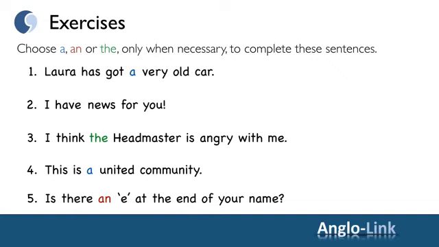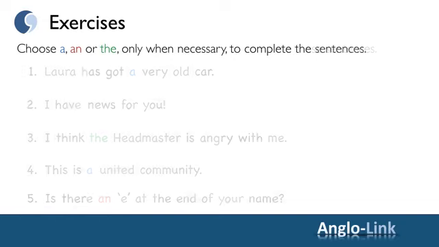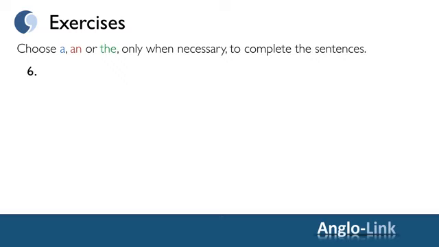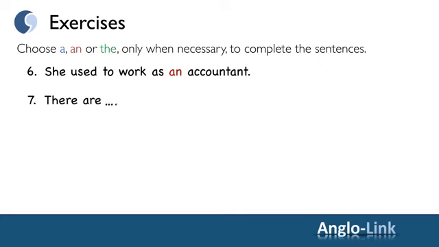Is there an E at the end of your name? Number 6. She used to work as accountant. She used to work as an accountant. Number 7. There are birds in those trees. There are birds in those trees.